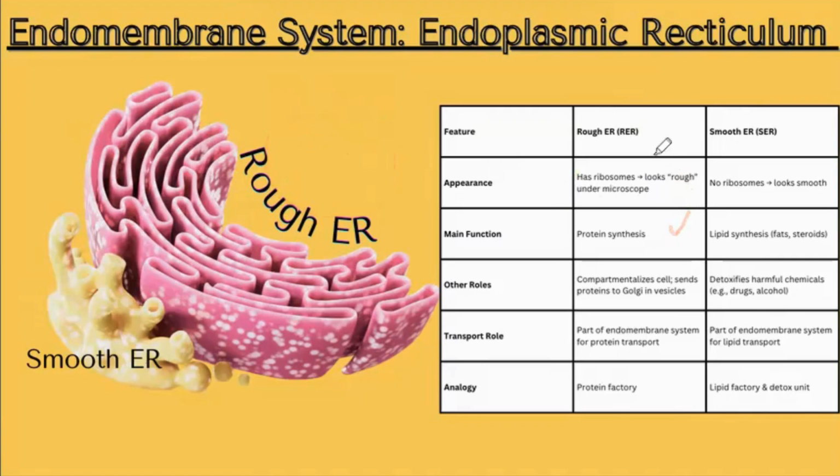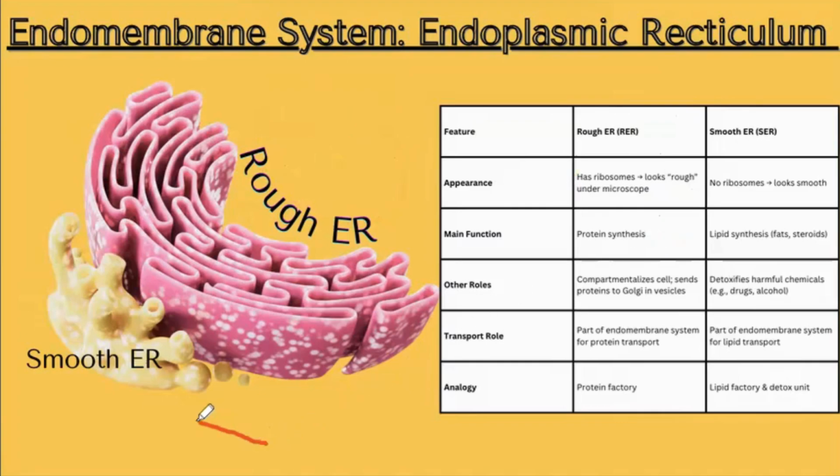And that's how you're going to remember rough ER. If I have the rough ER, it's closest to the nucleus. It's rough, so it needs a little help. That's a way you can remember it. And it needs help, so it needs to be close to its bestie, the nucleus, and that will allow it to basically produce protein through protein synthesis.